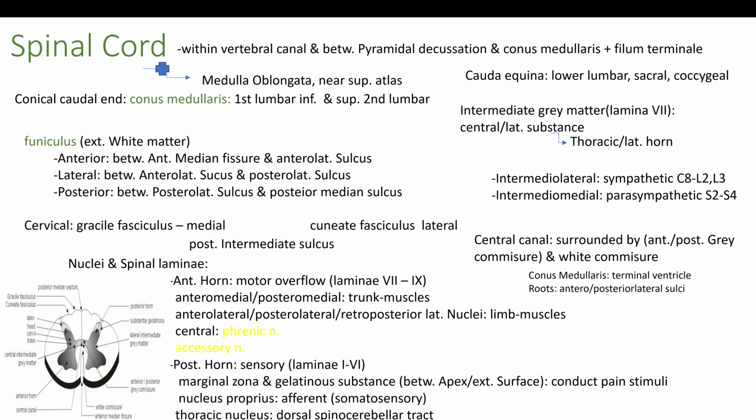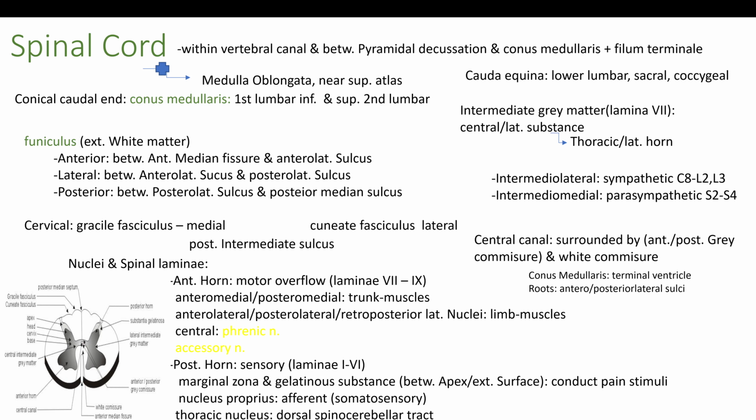There is a structure known as the funiculus, made of external white matter, dividing into the anterior funiculus between the anterior median fissure and the anterior lateral sulcus, the anterior root entry zone; the lateral funiculus between the anterior lateral sulcus and the posterior lateral sulcus; and the posterior funiculus between the posterior lateral sulcus, the posterior root entry zone, and the posterior median sulcus.